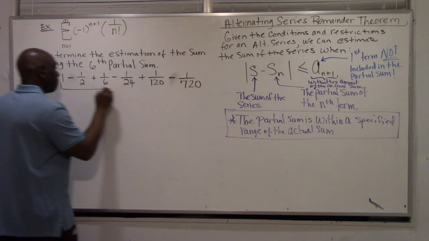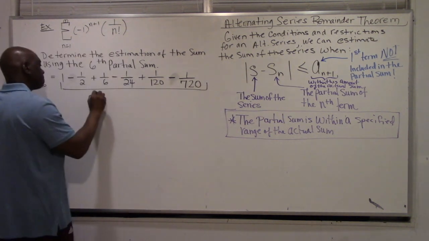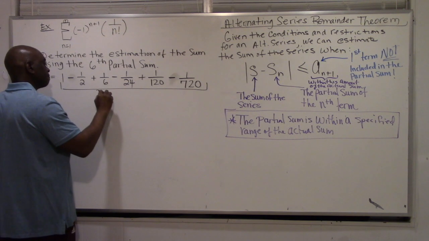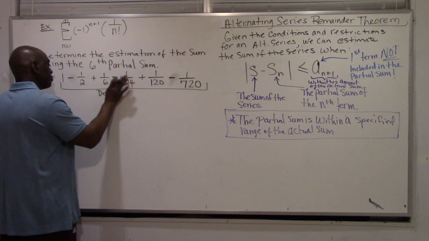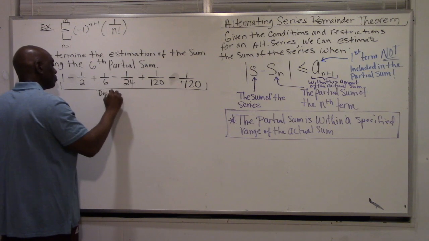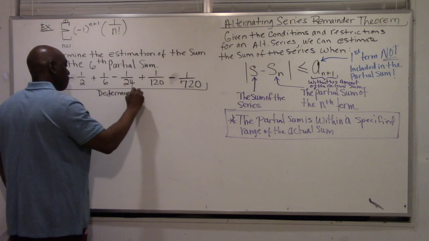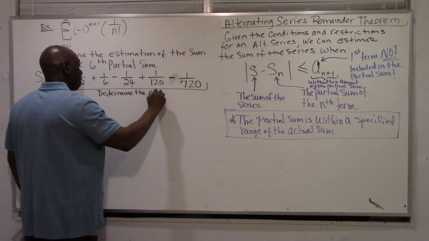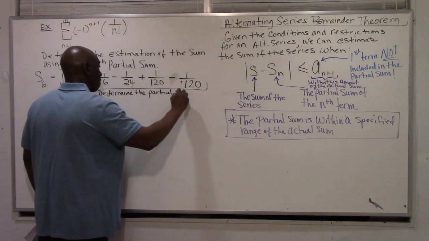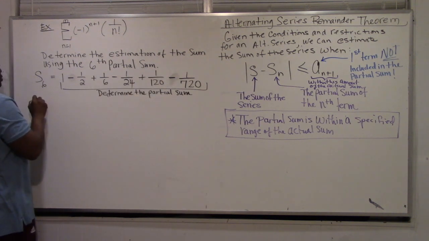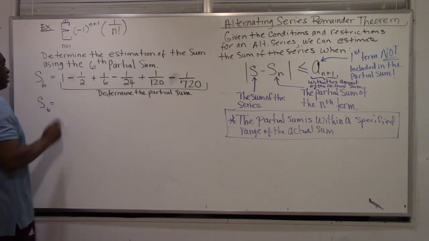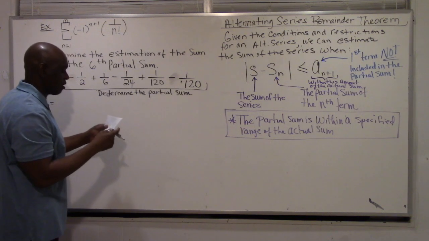Find the partial sum. That means do the calculation right here. So the 6th partial sum is going to be, I have it written down right here, add it all up.